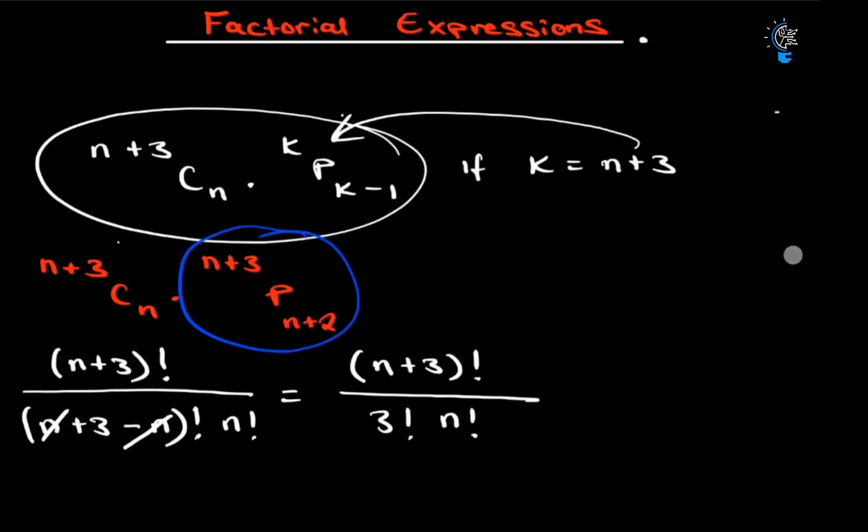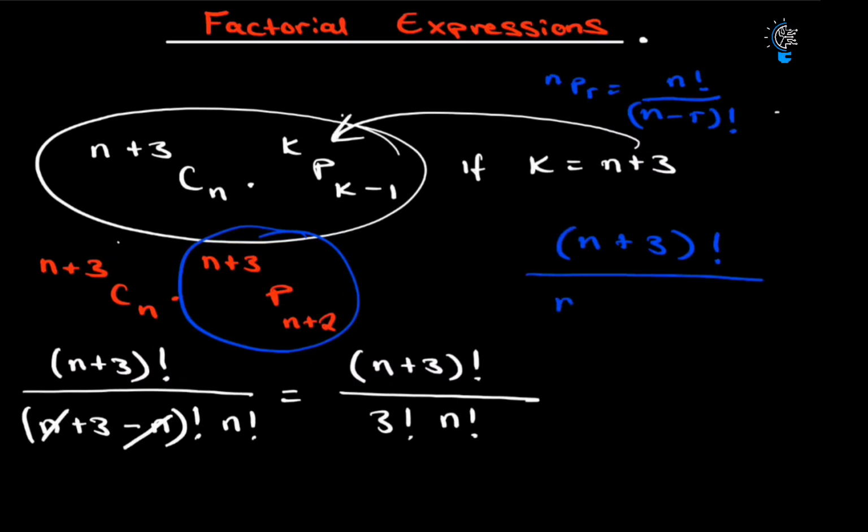Let's create some space. So we know that permutation is equal to n factorial divided by n minus r factorial. So this one can be written as n plus 3 factorial divided by n plus 3 minus n plus 2, let's put this in brackets, factorial.